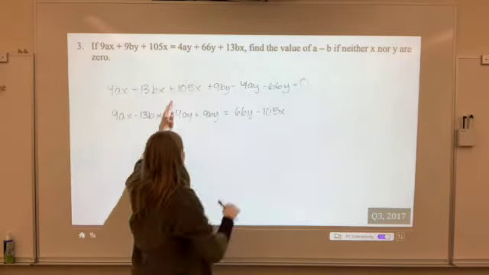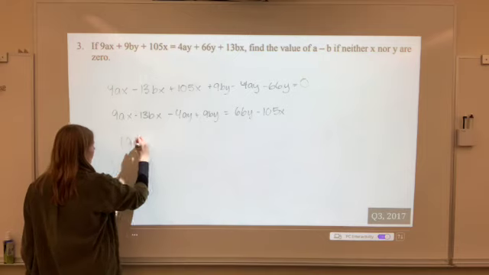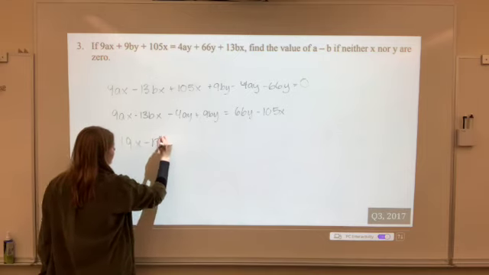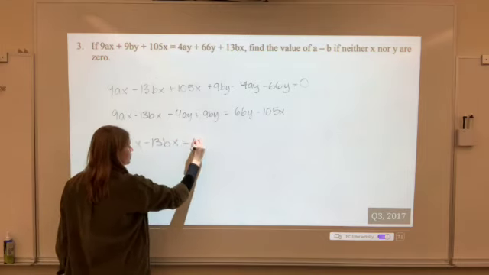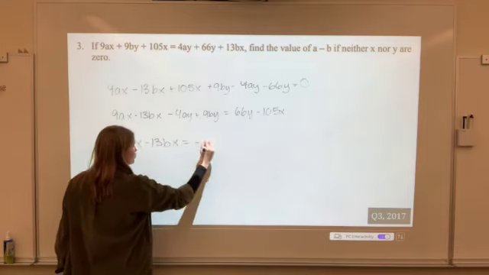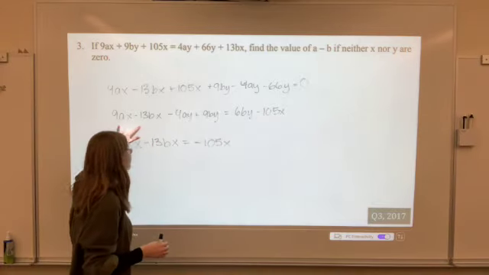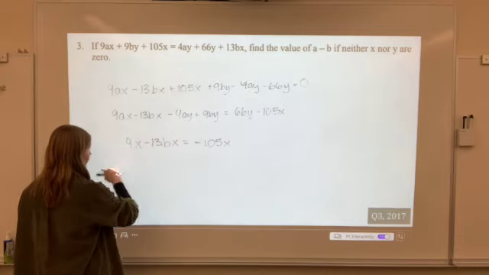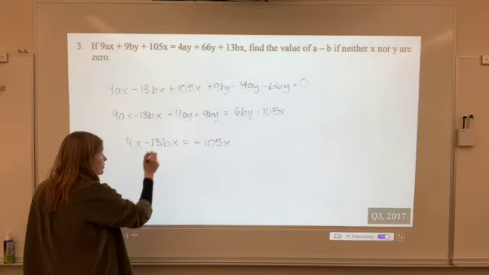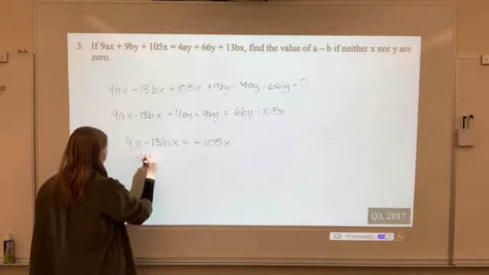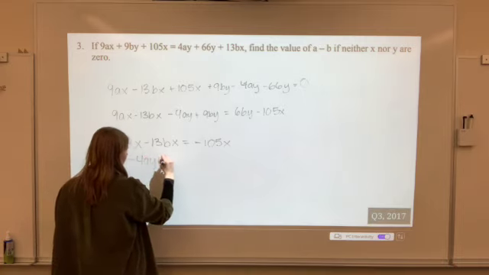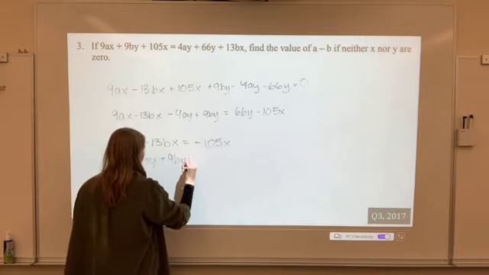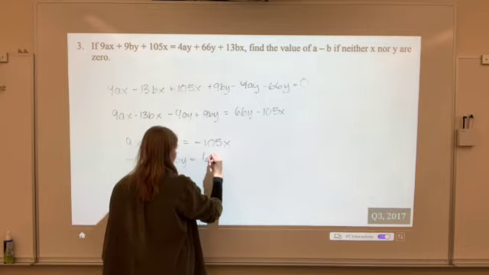So we can say 9ax minus 13bx is equal to negative 105x, because the only way we're getting the 105x over here is from these two terms. And also we can say negative 4ay plus 9by is equal to 66y.